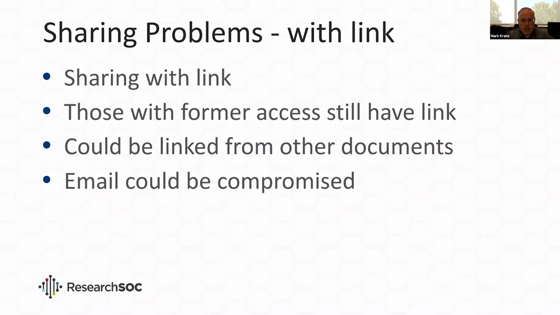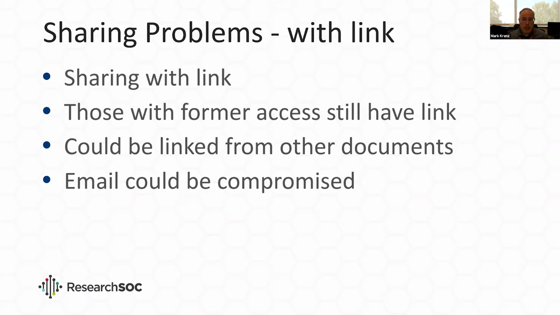The things that you have to consider with this is that if somebody is offboarded, then they'd still have access to the link. So, if your model is based around just sharing with the link and passing the link around to the current staff, and you think that nobody else is going to have access to it, well, what happens when somebody leaves? They're still going to have the link someplace.